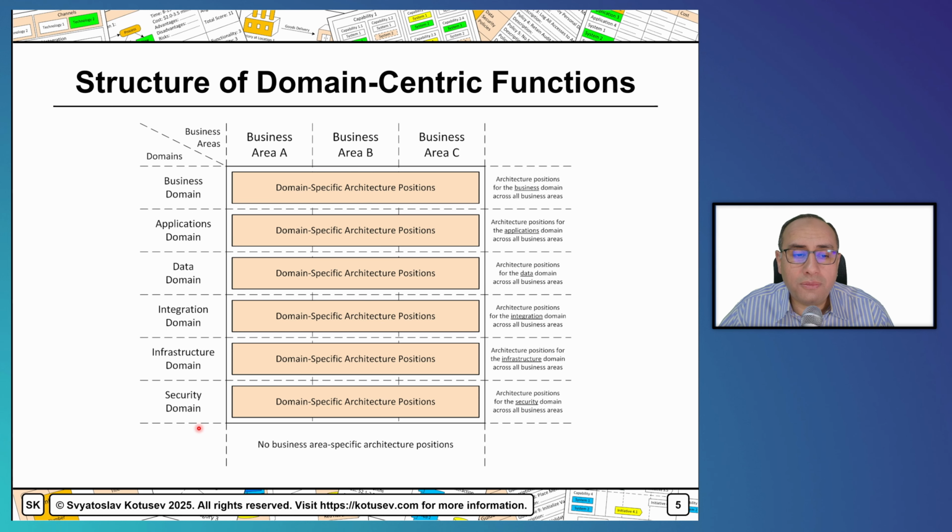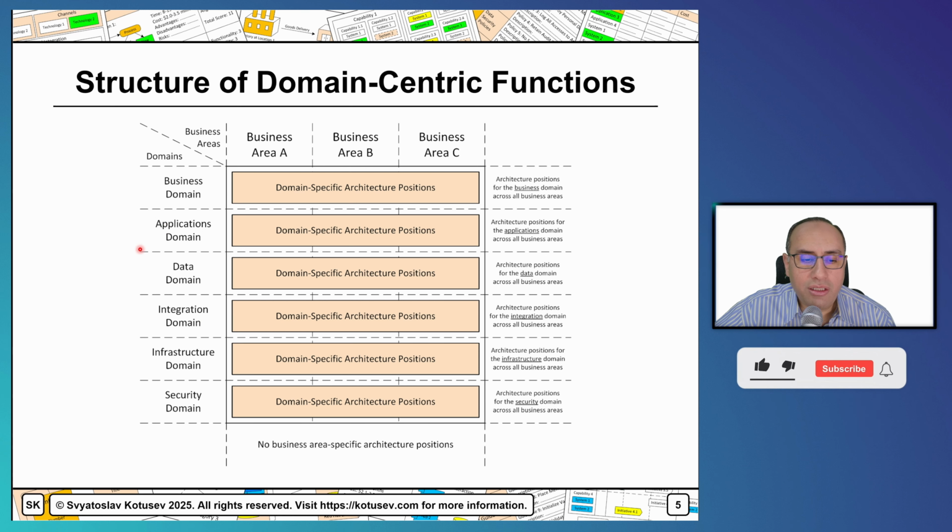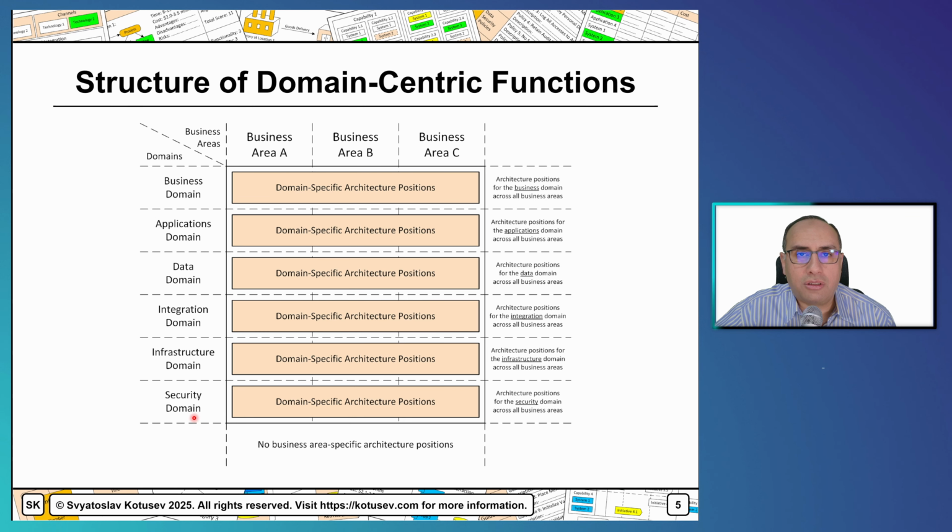By the way, you will find some other architecture offices that only have four domains. Usually it is business, application, data, and infrastructure. The integration is usually combined with the application, and the security is now normally referred back to the risk department in most organizations.